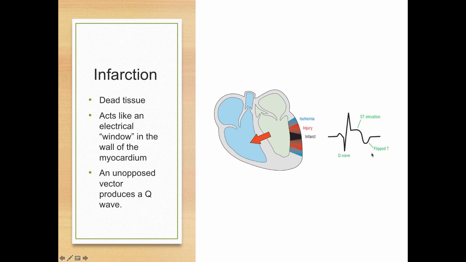We have that Q wave because now this infarcted area that we see in black is like an open window, like a window in a window. And we see this Q wave because in the electrode through which I am looking, that's my window. Imagine if you're looking into a house, into the living room from the outside. You're looking through the outside window into the living room.